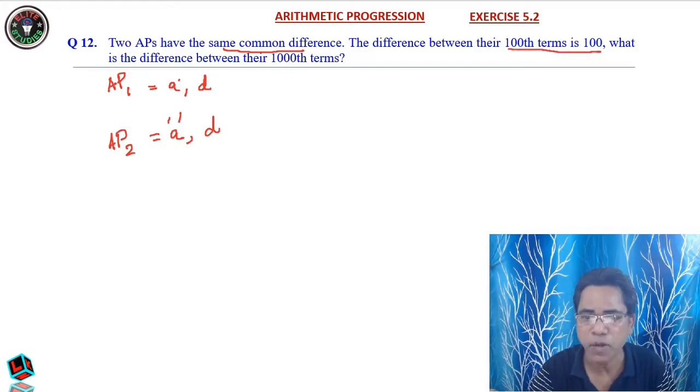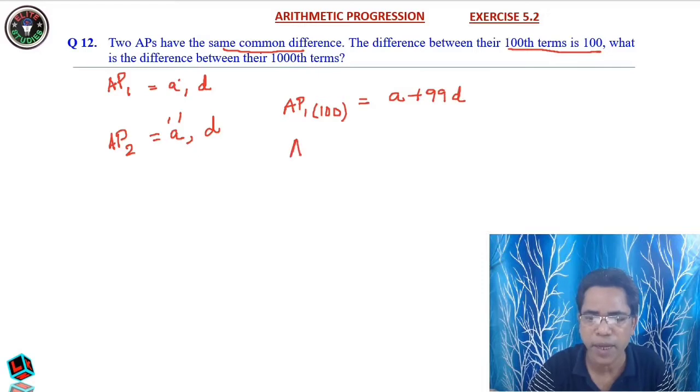In AP1, the 100th term will be A plus 99D.